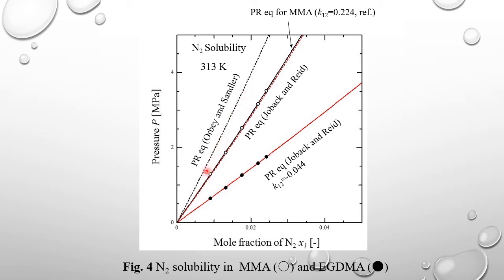The black dotted line is obtained from Orbe and Sandler's method, and the red dotted line is obtained from the Joubert and Reid method. We expect both lines should be lower than the MMA line, in other words, higher solubility compared to the solubility in MMA. Meanwhile, Orbe and Sandler shows lower solubility and Joubert and Reid shows almost similar solubility to MMA.